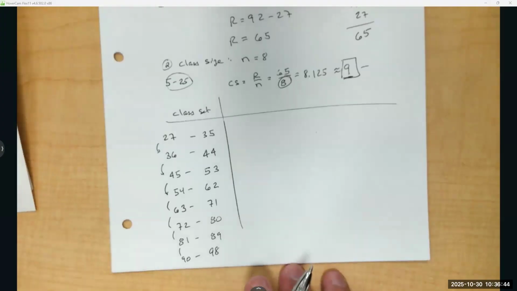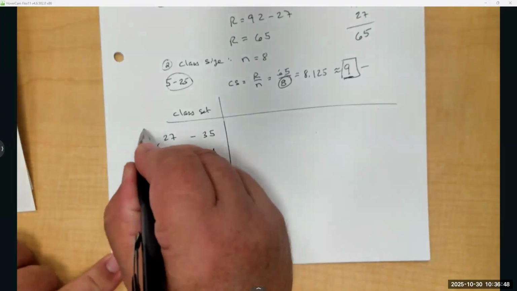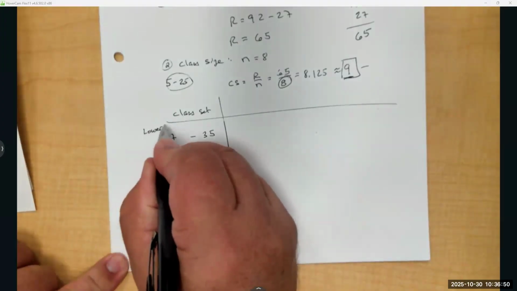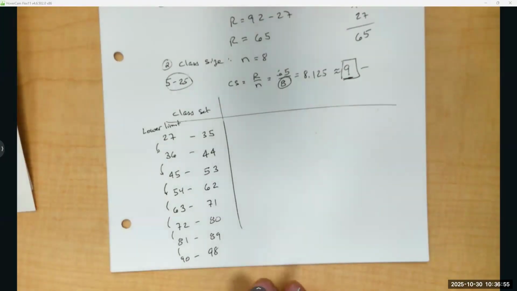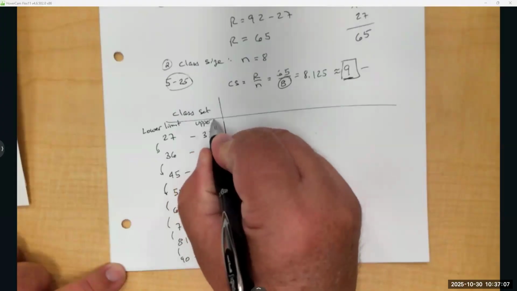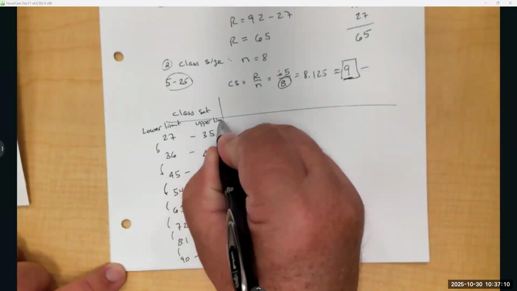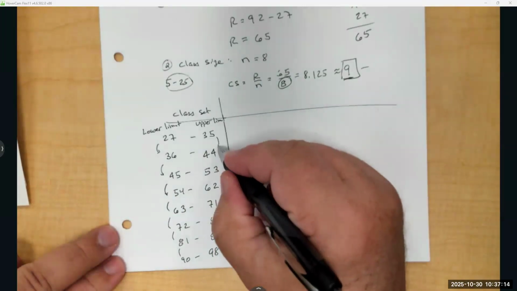The reason we do that, because remember, the distances between the lower bound, or we call it lower limit, and the upper bound or upper limit. How far is it from 35 to 44?